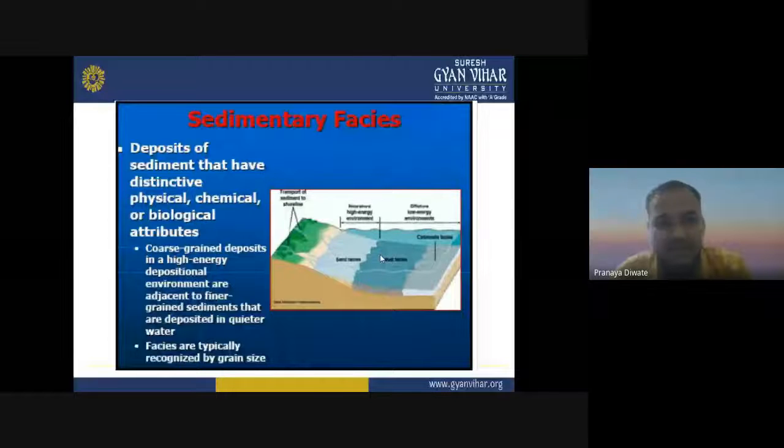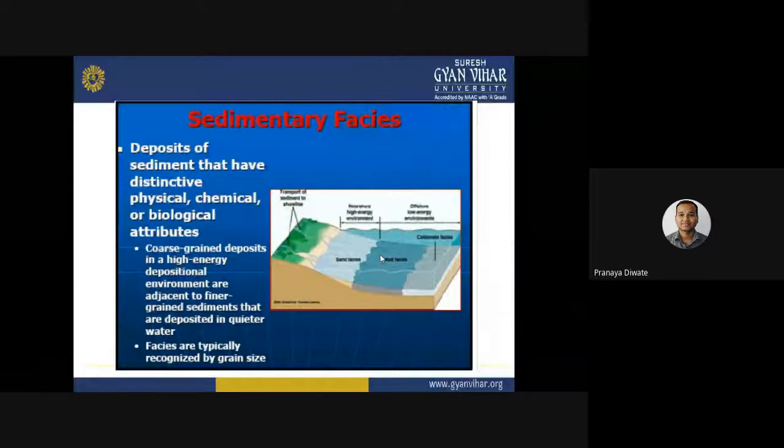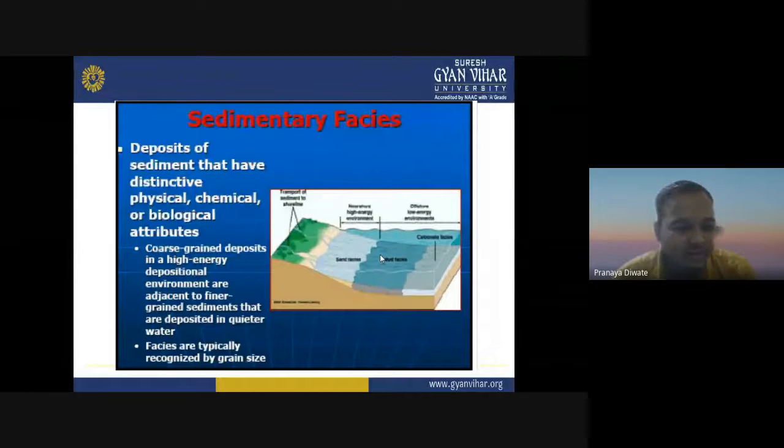Sedimentary facies are deposits of sediment that have distinctive physical, chemical, and biological attributes, like a high energy depositional environment as opposed to the finer grain sediment that is deposited in water.